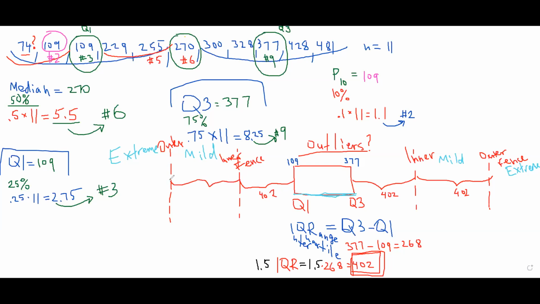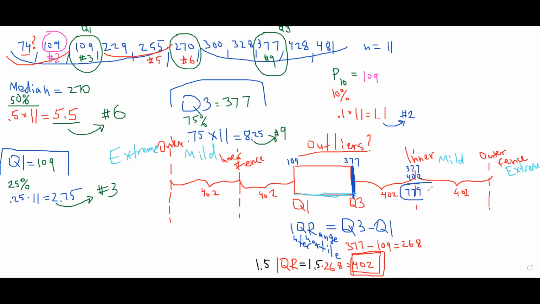So I guess that's a nice number and very useful, because now what I can do is just move from my third quartile, from the right side of the box, by 402. In other words, I'm just gonna add 377 and 402, and produce the fence, which is gonna be at 779.